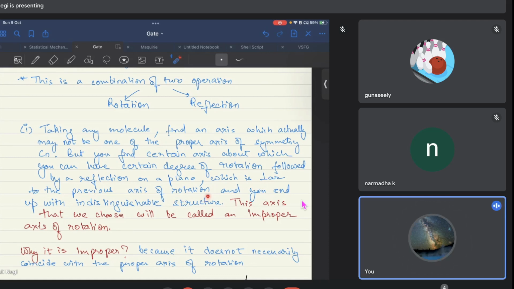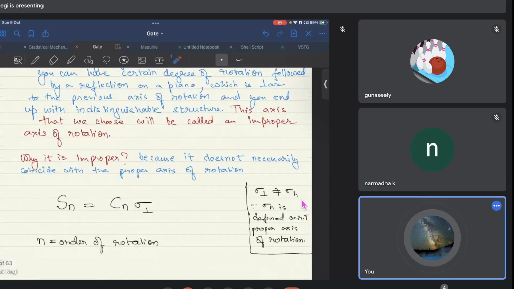The plane that you reflect through should be perpendicular to the axis that you rotated about. Now you finally end up with the indistinguishable structure. This axis that we choose is called the improper axis of rotation. First I will give you one example and try to explain through that, and after that I will ask you again if you have any doubt.